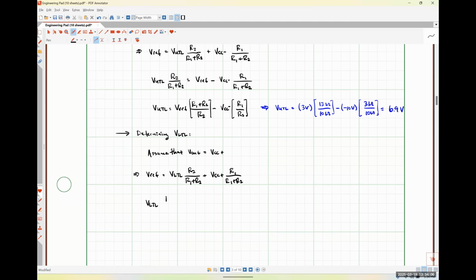So VLTL times R2 over R1 plus R2 will be equal to Vref minus VCC plus times R1 over R1 plus R2.